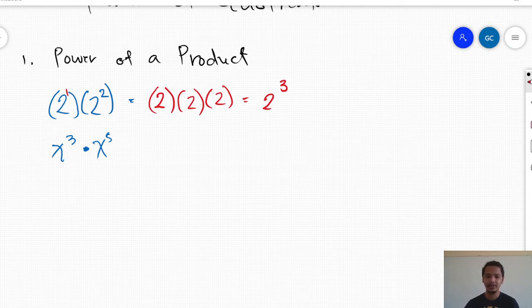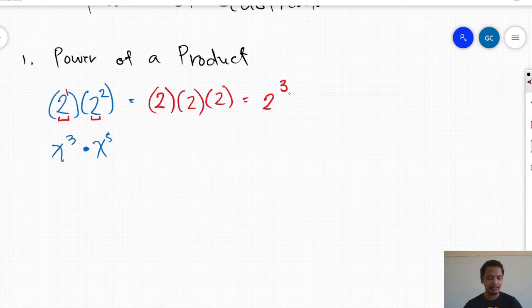Okay. So, ano yung basic na understanding when it comes to power of a product? Ibig sabihin lang pala, kapag nag-multiply tayo ng mga powers na parehas yung base nila, makikita nyo parehas na 2 yung nasa baba. Pag inadd natin yung exponents nila, yun lang yung gagawin natin.